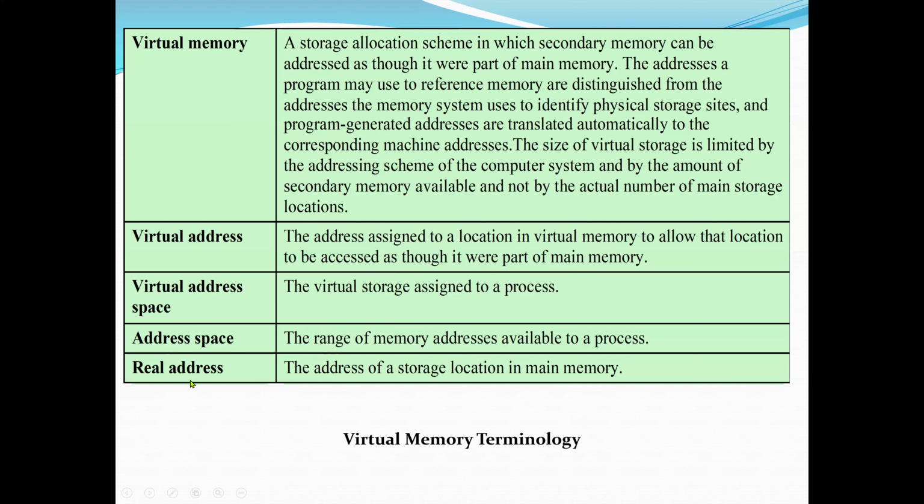The real address is the address of the storage location in the main memory, or I would say the physical address. So that's the difference: the physical address is the actual address of the storage location in the main memory, but the virtual address is the location in the virtual memory that is part of the secondary storage device. Those are the five terms.